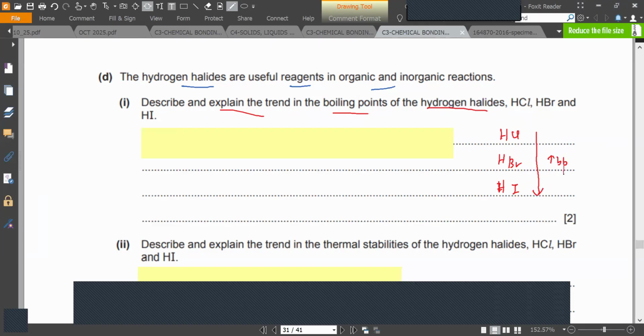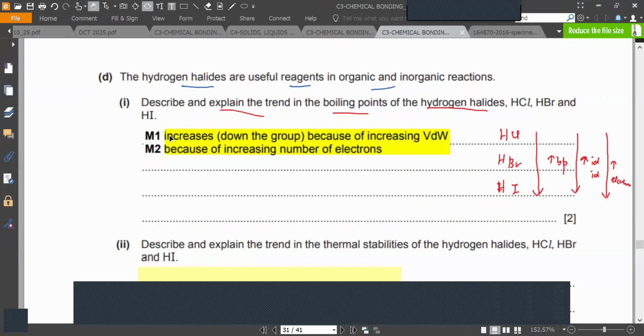Why? Because the instantaneous dipole is increasing. Why increasing? Because the number of electrons is increasing. That's the main point.